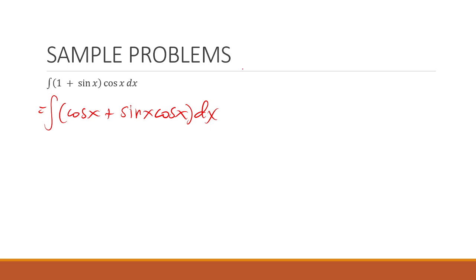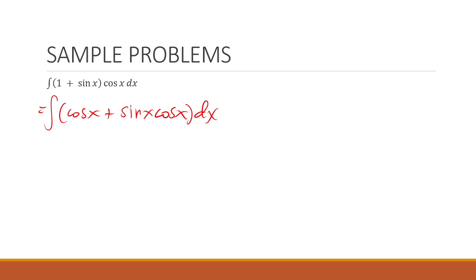It's either you just directly apply u sub, so you can let u be equal to sine x, du is cosine x dx, or another u sub, but instead of sine x being u, it is cosine x na naman. So u equals cosine x, tapos ang du is negative sine x dx.